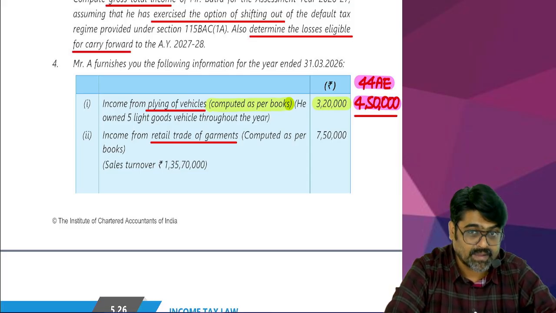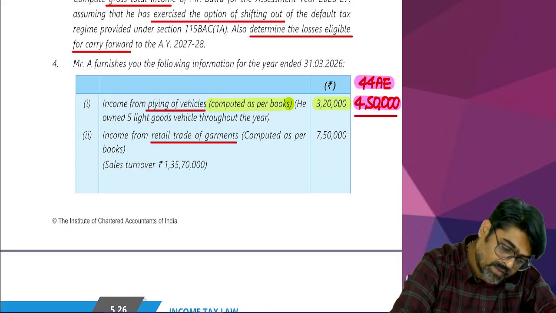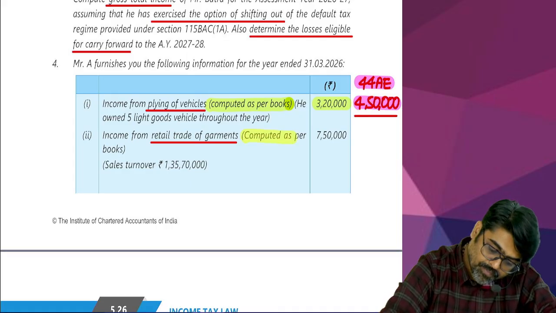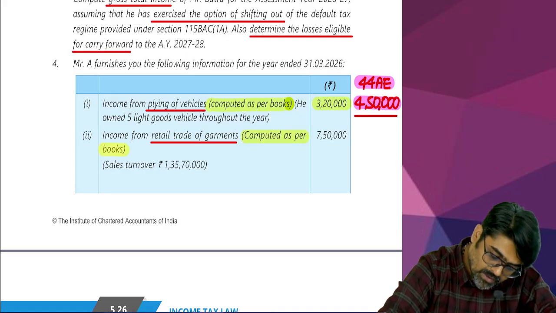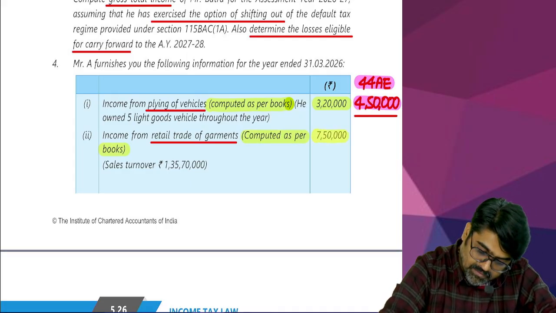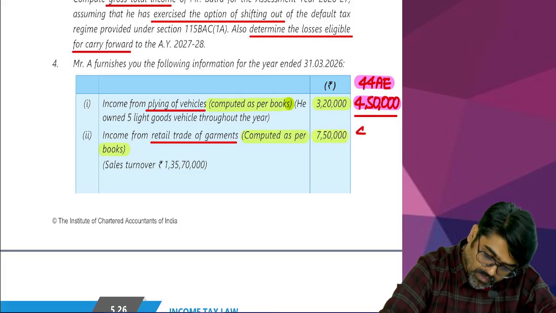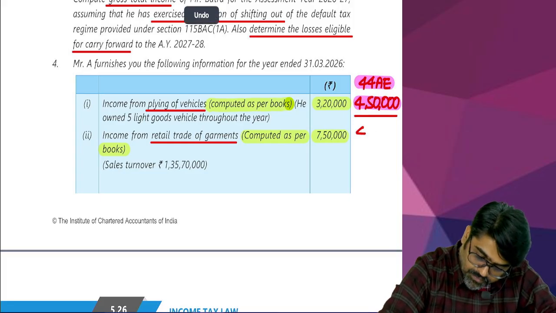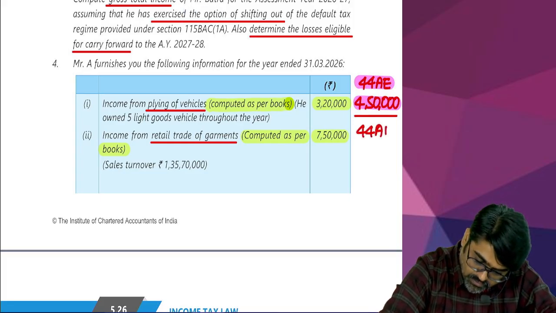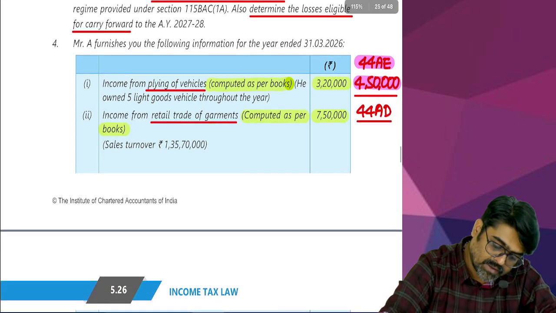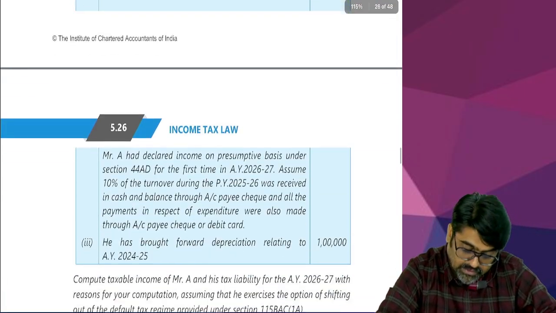Do you remember that? So if the income of this business is computed as per books, meaning as per normal provisions, then the income is as computed, but for this business if 44AD is followed, then how much income he has to show? Minimum 8%. 8% of the turnover. Yes or no?